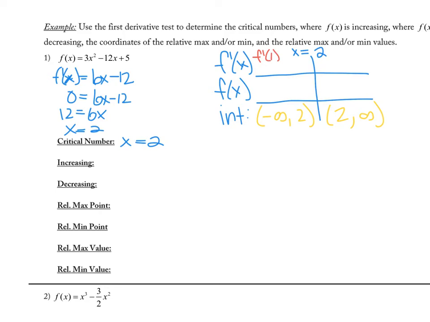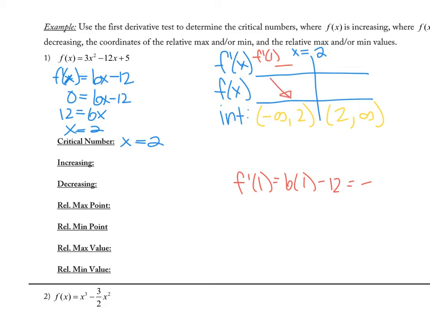Once again, we test in the derivative. All we really care about is whether the number is positive or negative. So 6 times 1 minus 12 gives me a negative number. From the previous page of the notes, if the derivative is negative, that means our original function is decreasing.